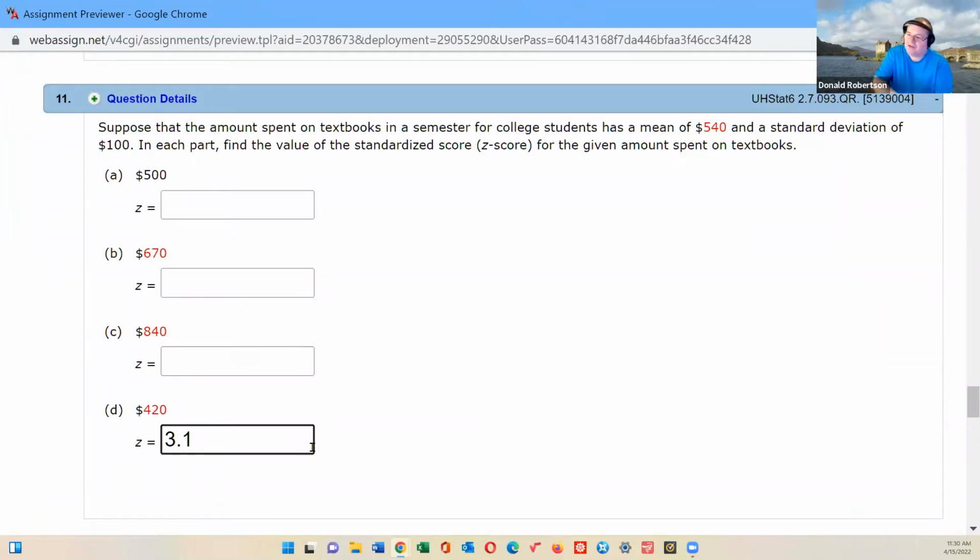Remember, an outlier is more than 3 standard deviations away from the mean. Your z-score is actually measuring how many standard deviations away from the mean you are. So if you have a z-score of 3, it means that you are 3 standard deviations away from the mean.